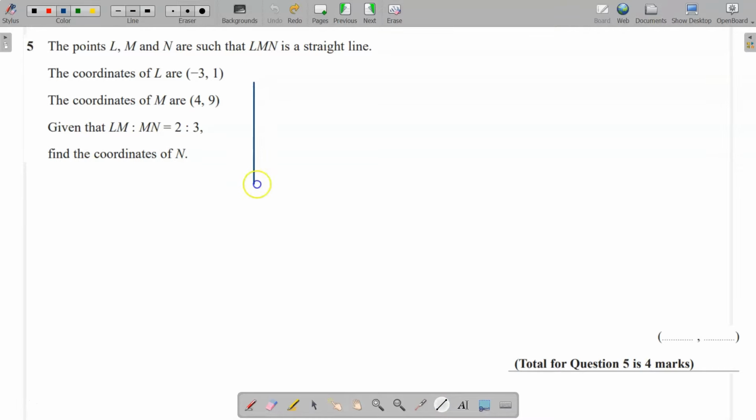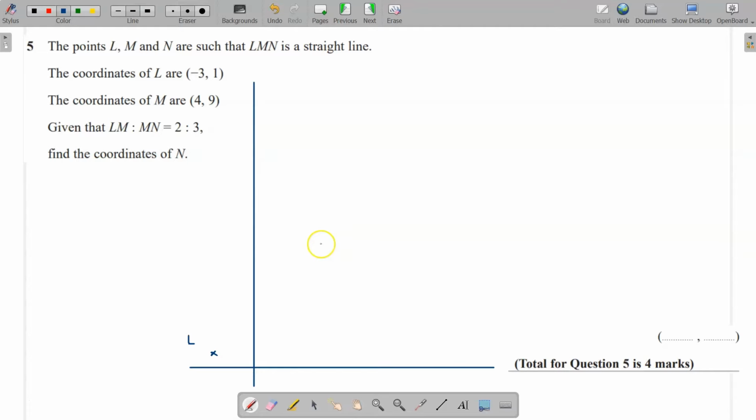So we've got a vertical y-axis down there, and a horizontal x-axis here. We're going to plot the points roughly in the right place. So we've got this point L here, with coordinates -3, 1. Then we've got this point M, which is at about 4, 9.